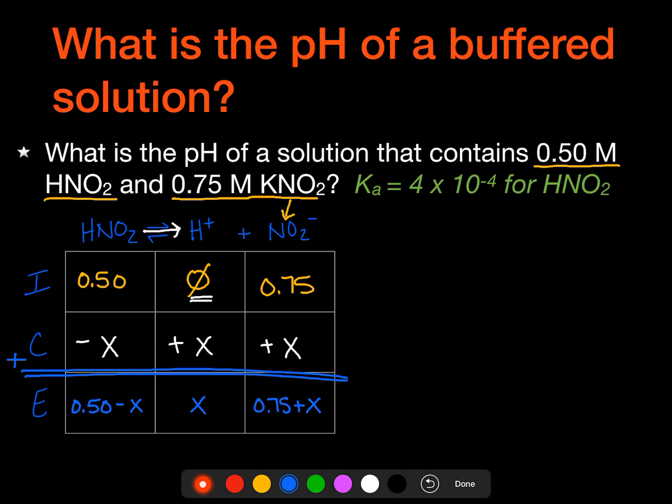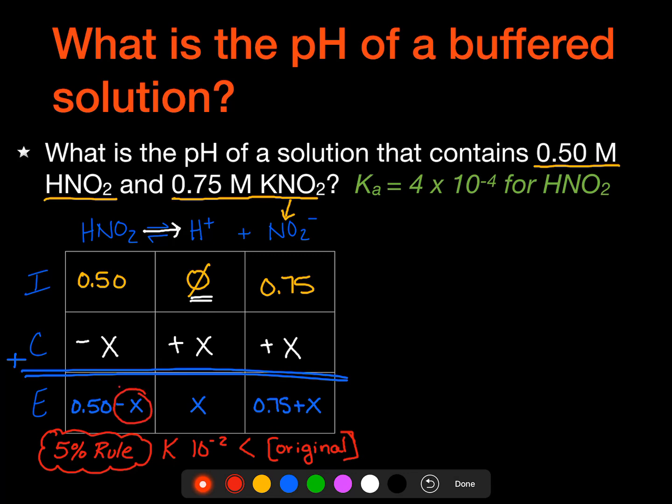Now, an interesting thing when we go to solve these problems is that we have something called the 5% rule. And basically with the 5% rule, if the K value is 10 to the negative second or less compared to the original concentration, then that amount is going to be insignificant when comparing it to those initial concentrations.